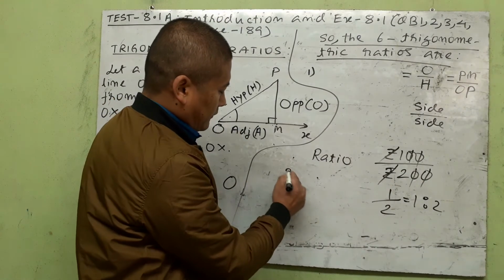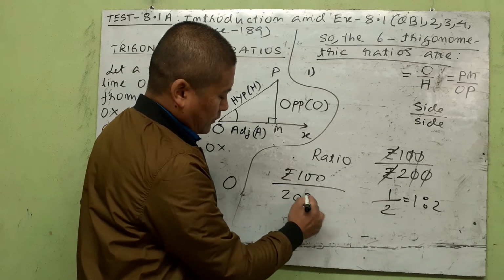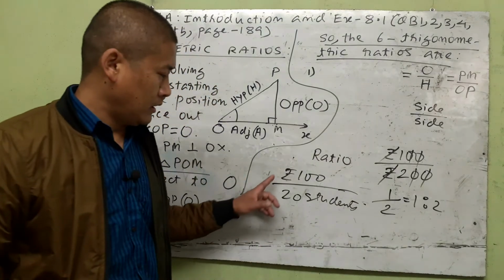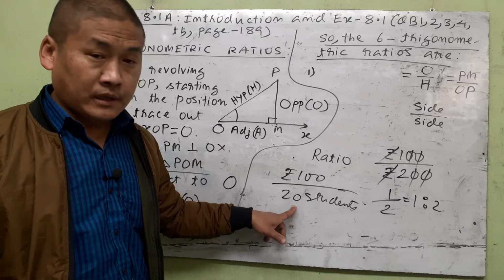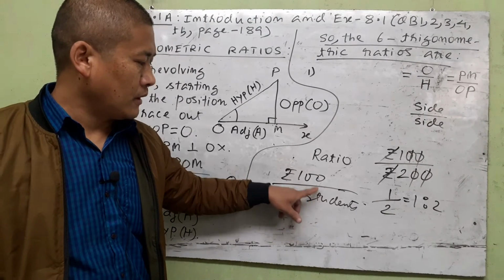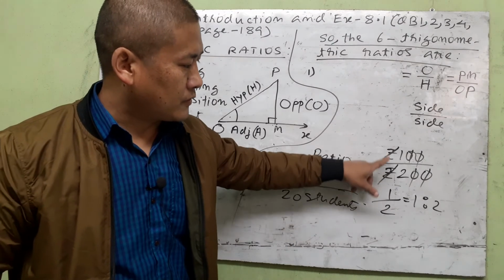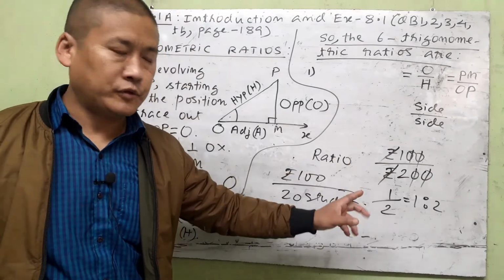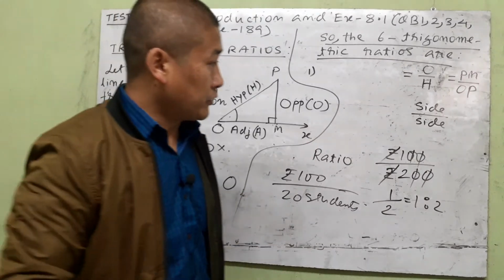So I'll give you an example of a division which is not a ratio. Rupees 100 by 20 students may not be a ratio. Why? Because the numerator here is money, the denominator here is not money, it is the number of students. So different types of units, not the same type. So this is not a ratio. Just like this is a ratio, division of same type or same unit, therefore the ratio will never have a unit, because same unit divided by same unit means up and down will cancel, so units will get cancelled out.